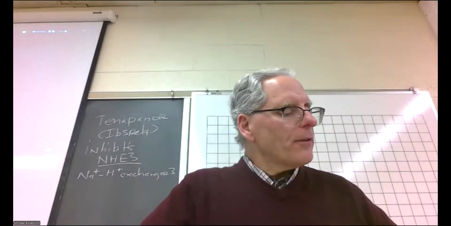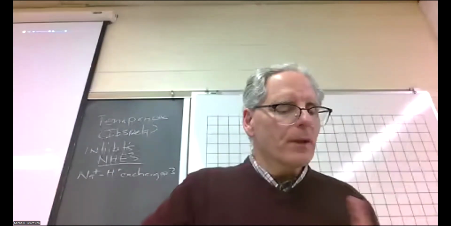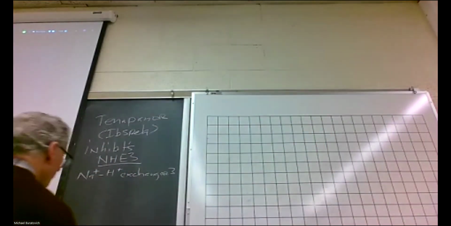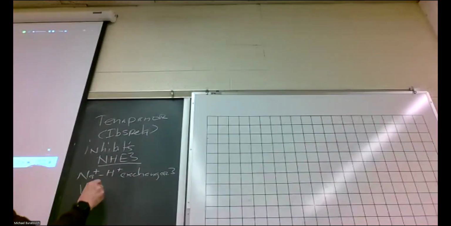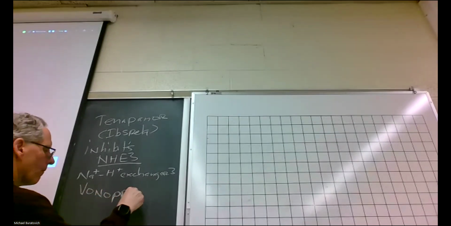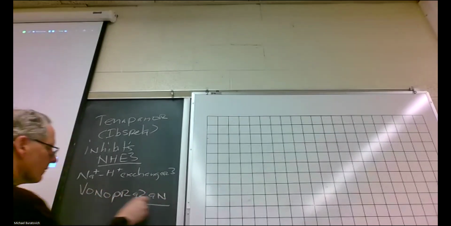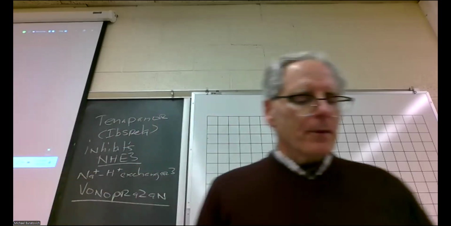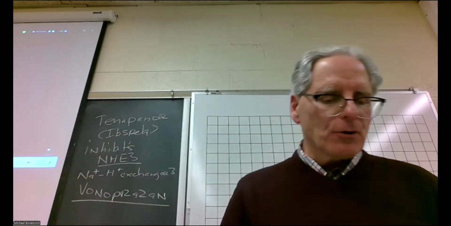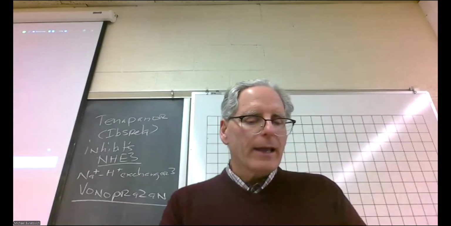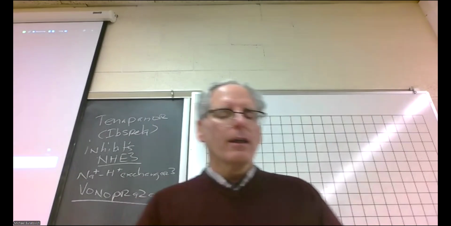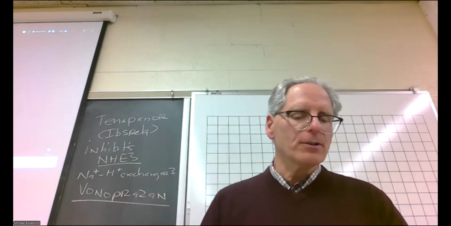All right. There's another drug that's not on here. It's kind of new. It's called vonoprazan. This is a very rapidly absorbed drug. It has a substantially longer duration of action than most proton pump inhibitors.